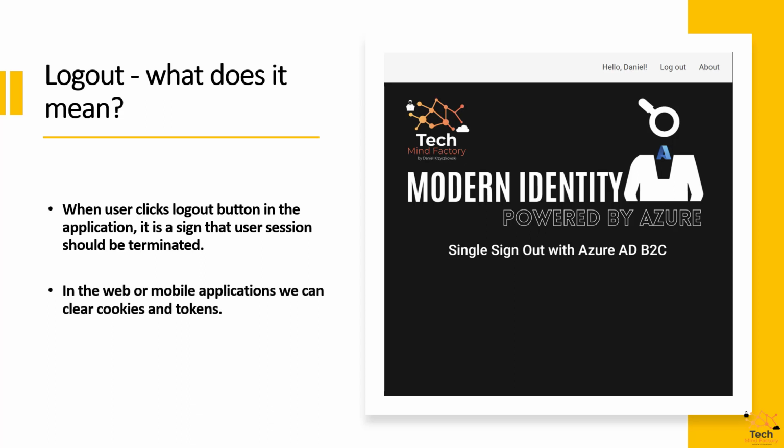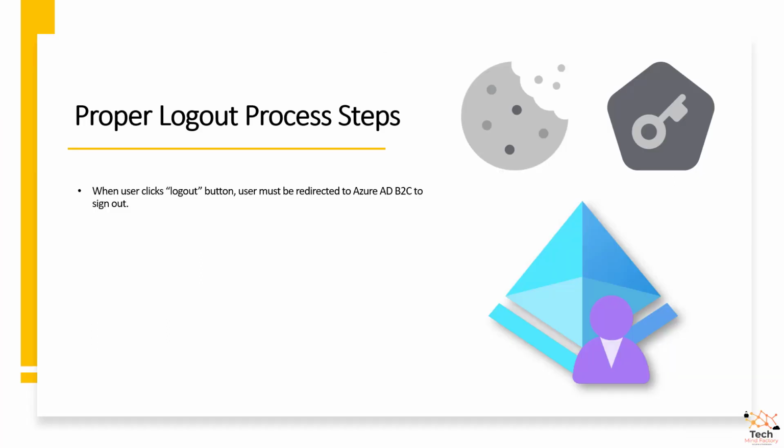In web or mobile applications, we can clear cookies and tokens. So this is what we typically do. We delete the token, we delete the session cookie, and we think that, okay, right now the user is properly signed out from my application. However, such an approach is not enough. Why? Let's explain on the next slides.